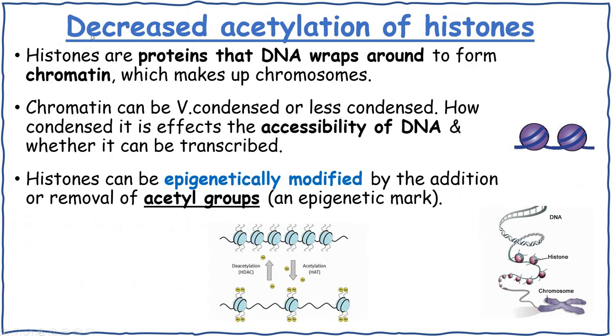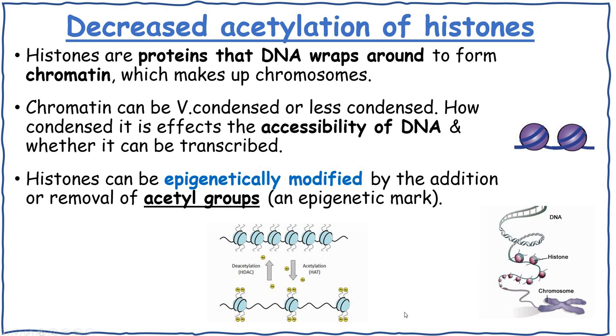The second type is acetylation of histones. So histones are proteins that DNA wraps around to form chromatin, which then makes up chromosomes. Chromatin can be very condensed or less condensed, and how condensed it is affects the accessibility of DNA and whether it can be transcribed or not.